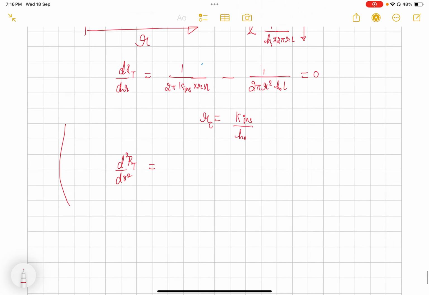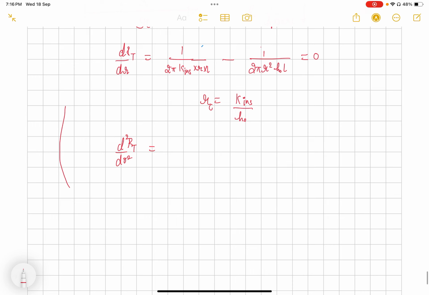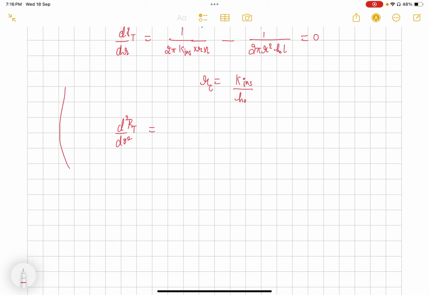If you differentiate twice, you will get minus 1 by 2 pi K insulation R square L, plus 1 by 2 pi h naught L times 2 pi R cube, minus minus plus.